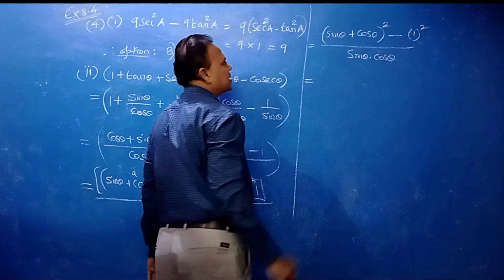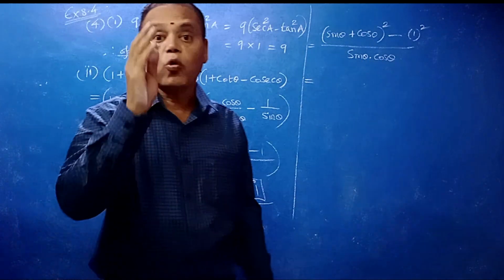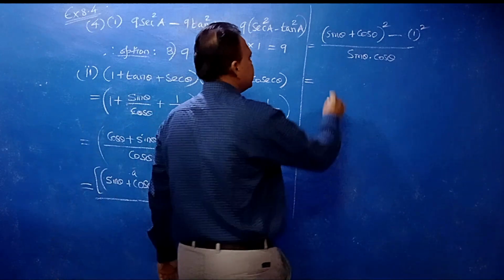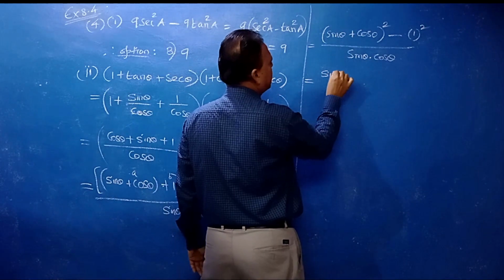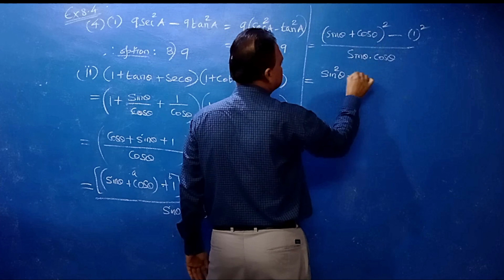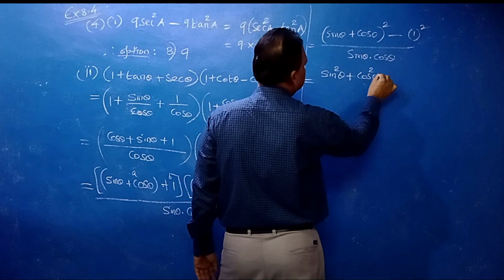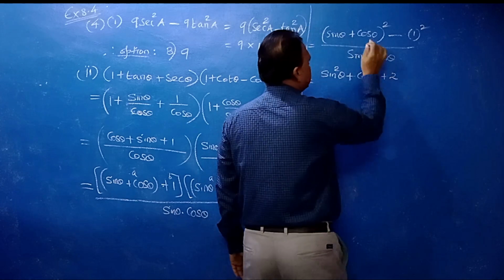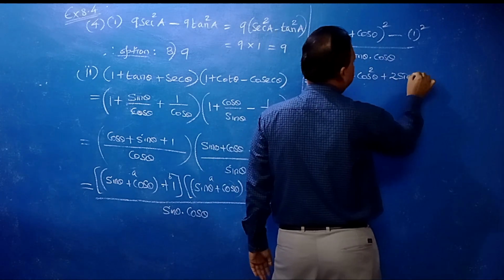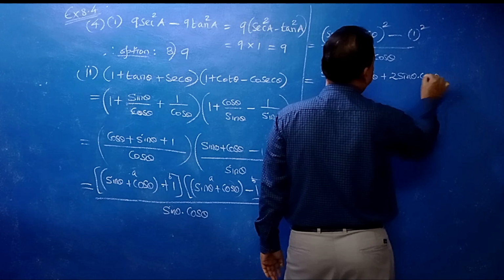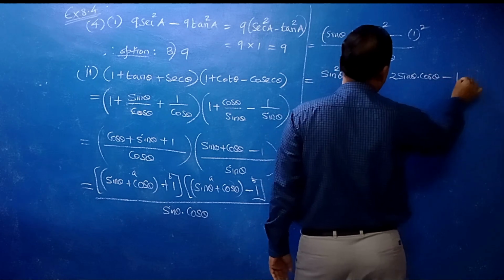Now sine theta plus cos theta whole squared is the a plus b whole squared formula: a squared plus b squared plus 2ab, that is sine squared theta plus cos squared theta plus 2 sine theta cos theta, minus 1.